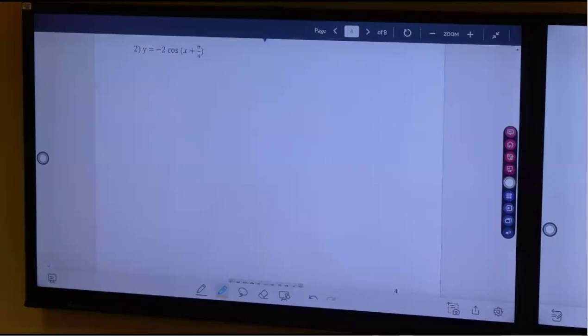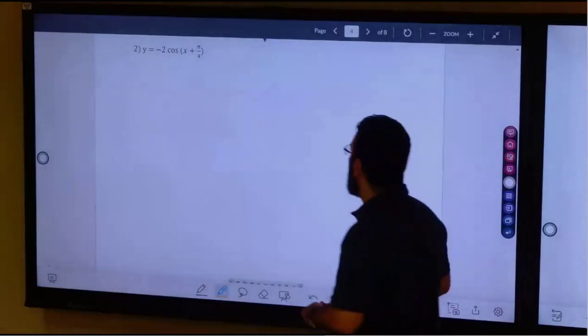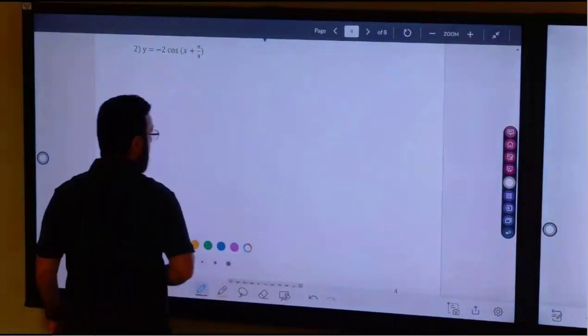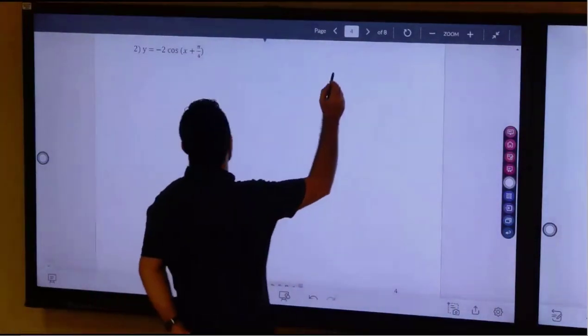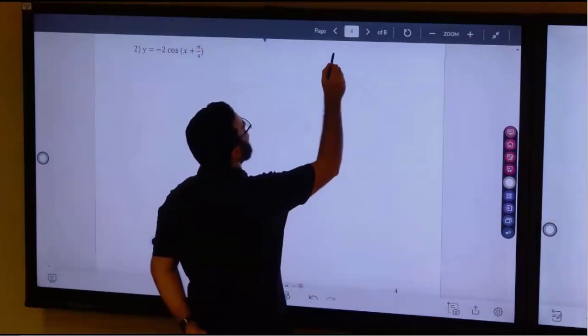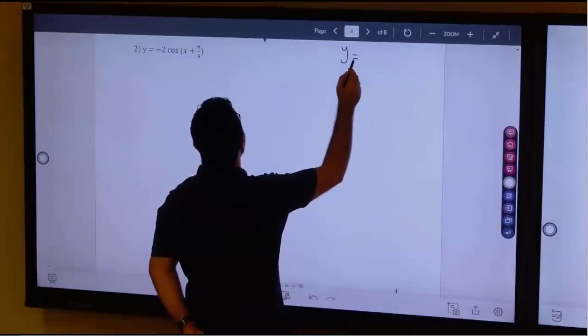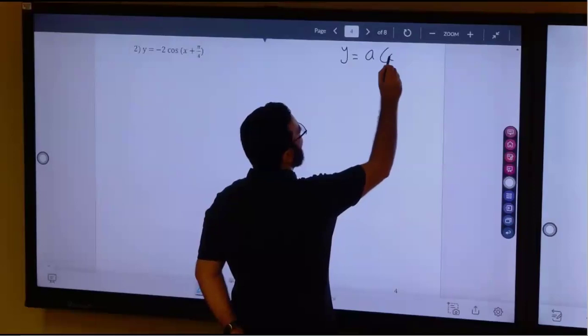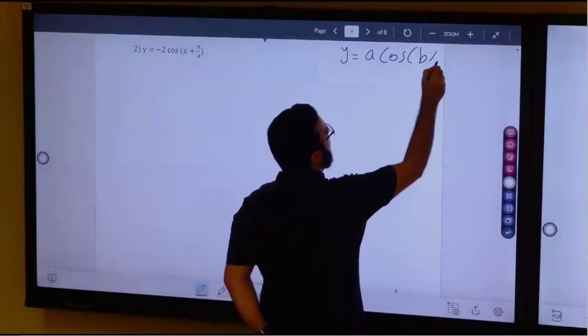What's the first step? Make sure the equation is written right. So y equals A cosine of bx minus c, plus d.